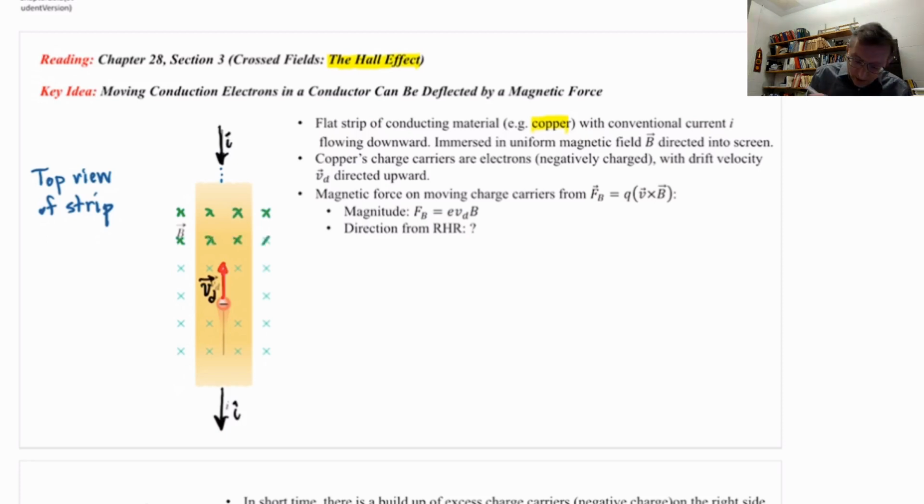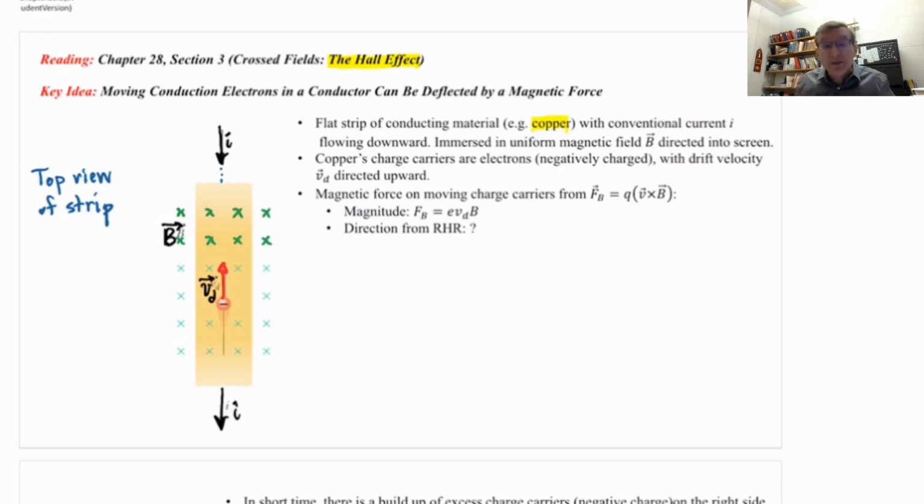I'll draw a few of them, and it goes on and on. And those X's are meant to represent the back end of an arrow, where the feathers would be, if that arrow was traveling away from you. And so it's that kind of a diagram that depicts this magnetic field. It's important to know the direction of it. It's perpendicular to this surface, this strip we're looking at from above, and it's going straight down into the screen.